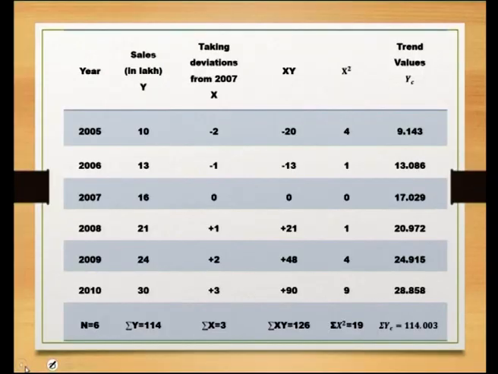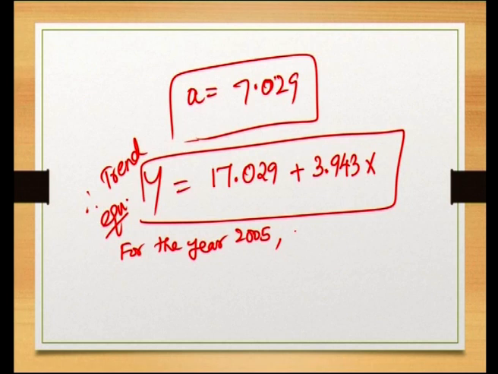Now, the trend values have to be calculated. For the first value, just see, it is 9.143. This value has to be obtained. For the corresponding x value, which is minus 2, we should get the trend value. For the year 2005, x is equal to minus 2.